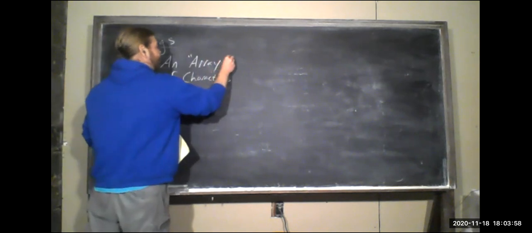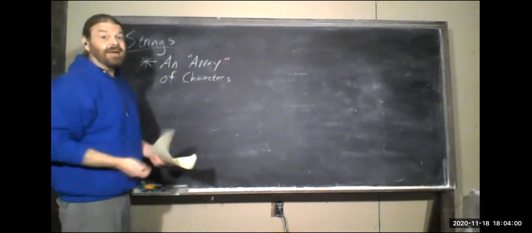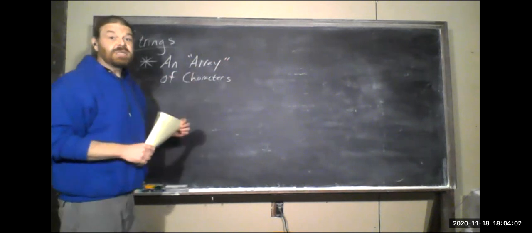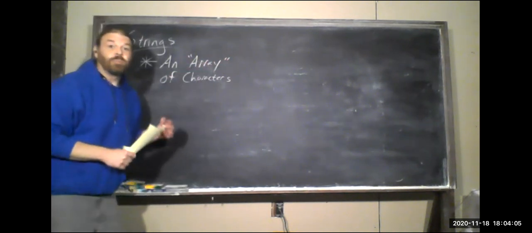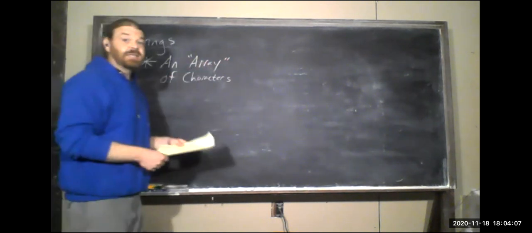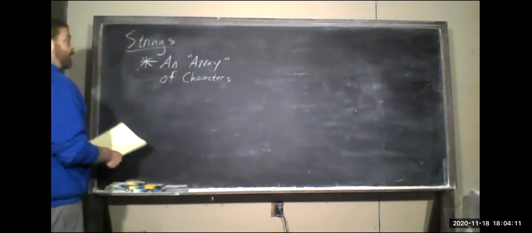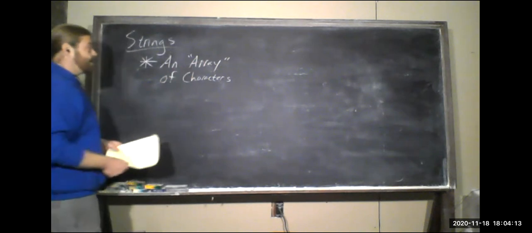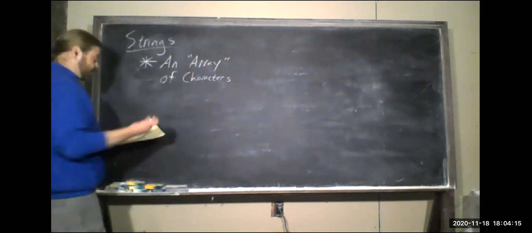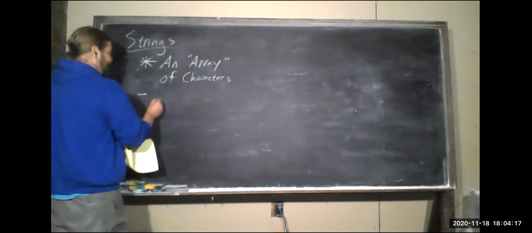I'm putting quote marks around array because, again, we don't have arrays in Python, but that's our generic catch-all term when we're talking about collections or data that we've grouped into a single object to work with. So a collection of characters, which essentially means written language.